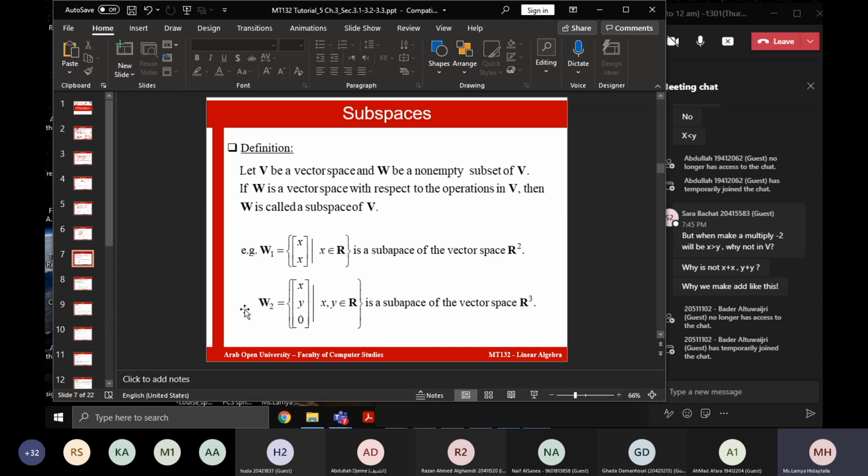Now we want to define the subspace. Let's start by saying we have a certain vector space, the vector space V, and we took a subset from it.